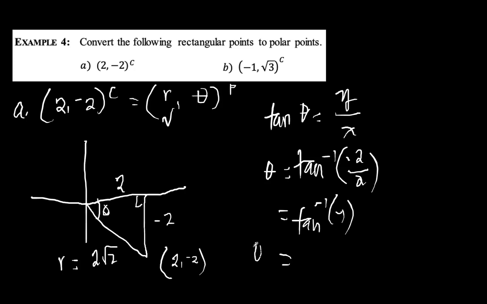And what is the measure of the angle here? The angle is at the fourth quadrant, right? So either we use the negative measure of the angle or the positive one. Either way, we'll get the same answer.